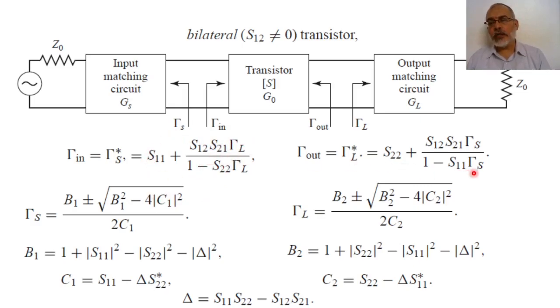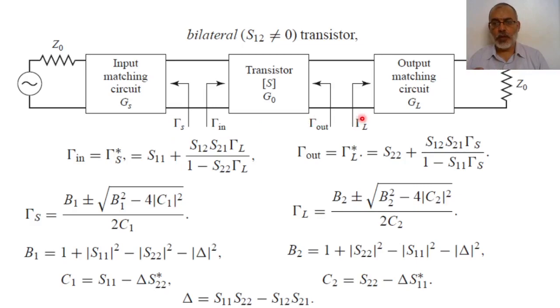And we have a second equation which relates gamma load to gamma source and the S parameters of the transistor. In other words, we have two equations in two unknowns. The two unknowns are what is the required gamma load and gamma source to make the transistor introducing maximum gain.